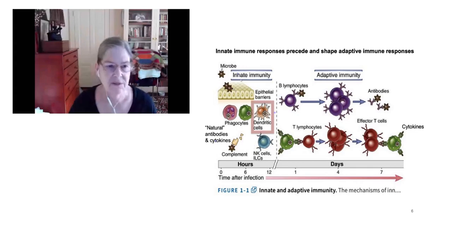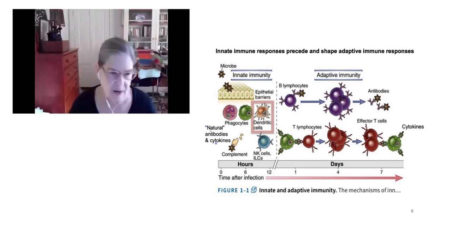So the idea is that the innate immune response comes before and shapes what the adaptive immune response is going to look like. The T cell and B cell responses are preceded by innate immune responses that kind of tell them what to do. In the innate immune response, you have your epithelial barriers that can keep things from invading your body.